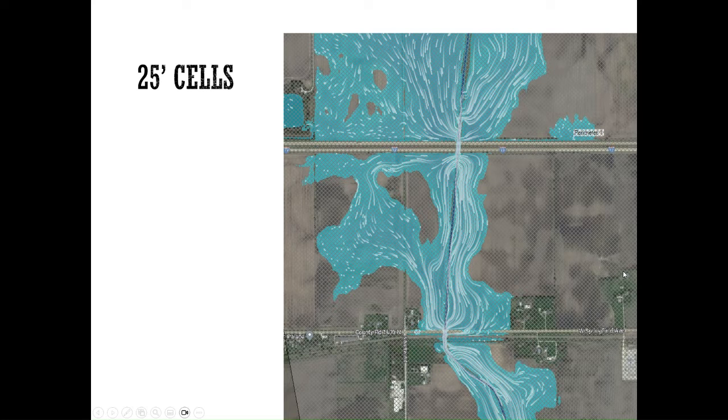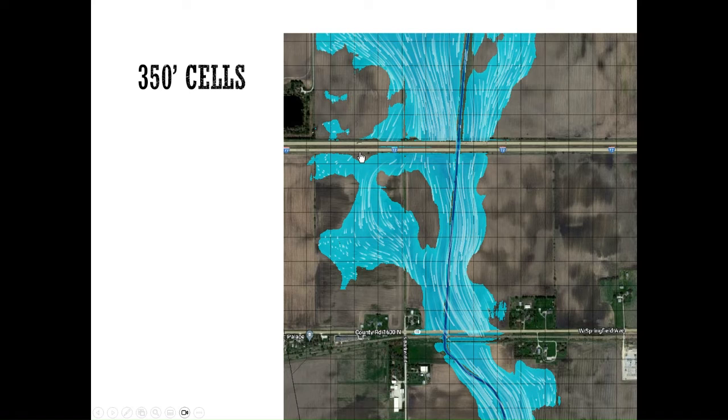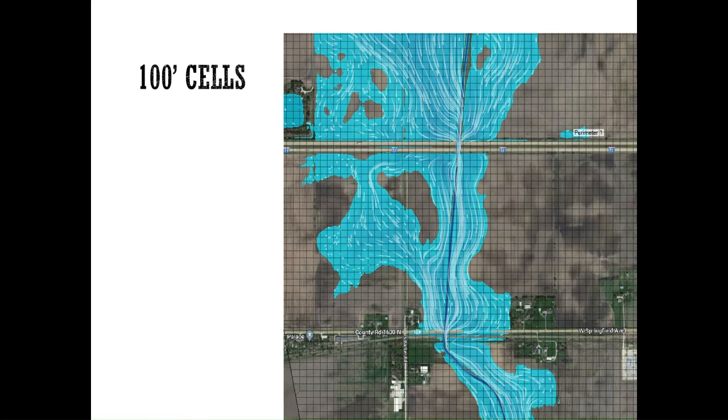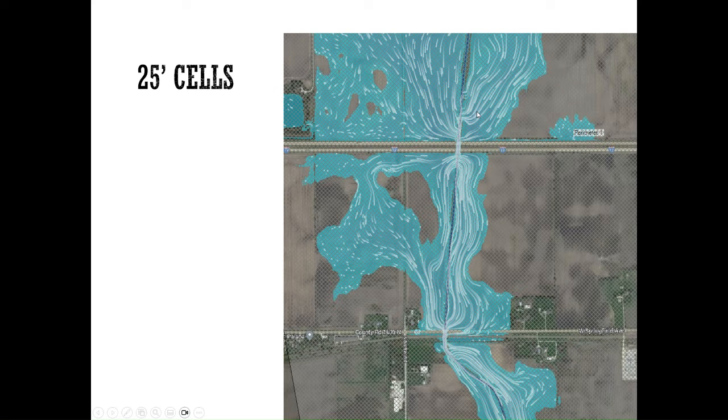When we move all the way down to a 25-foot cell size, you can see even more how the flow pattern contracts the flow through the bridge opening. We're not getting any more leaking across that roadway here. And you'll notice how at each iteration, we're starting to get a little bit more inundation with that higher resolution mesh, because we are picking up some of those areas where flow wouldn't be able to bypass.